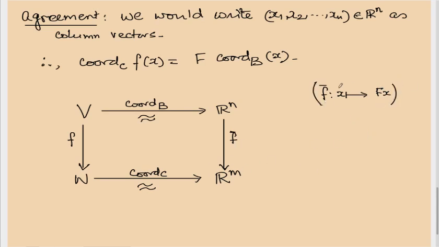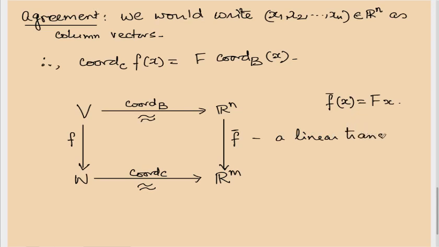So F bar of x is the matrix F times the coordinates of x. So this is the corresponding linear transformation, F bar, a linear transformation corresponding to F.